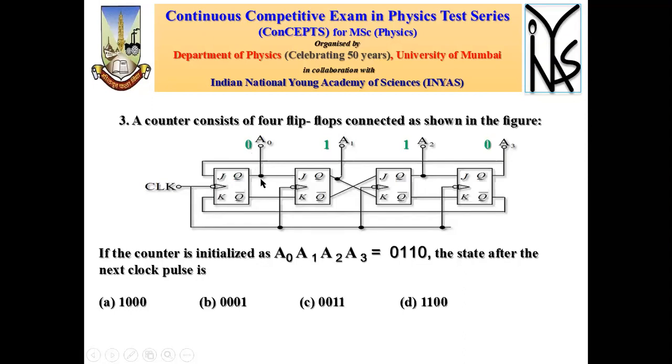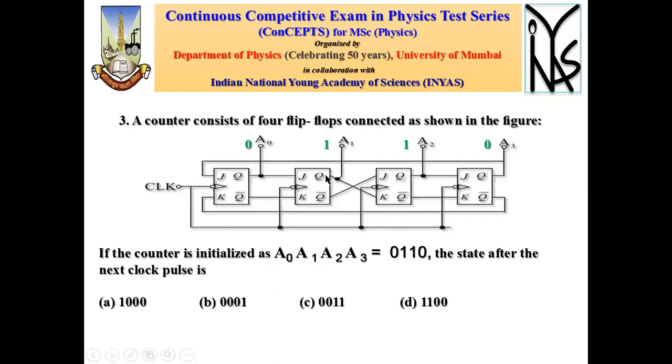So the moment you apply the input, what will happen now? Here we have to be very careful because the input terminals are actually connected with the output terminals of the flip-flops. The A0 output is given to J1, A1 is given to K2, A2 output is given to J3, and A3 is fed to J0.